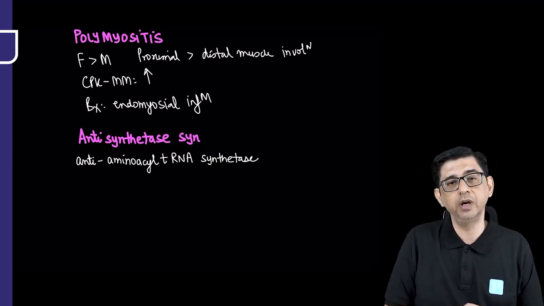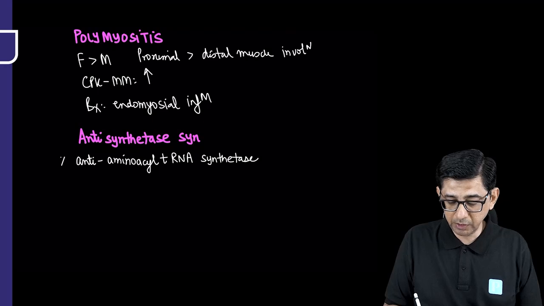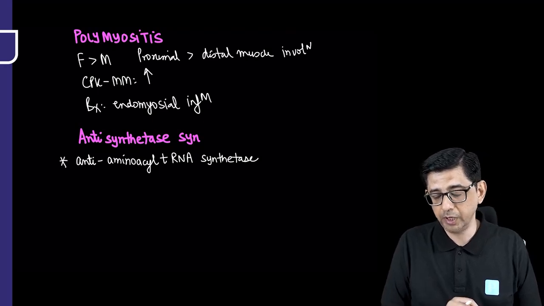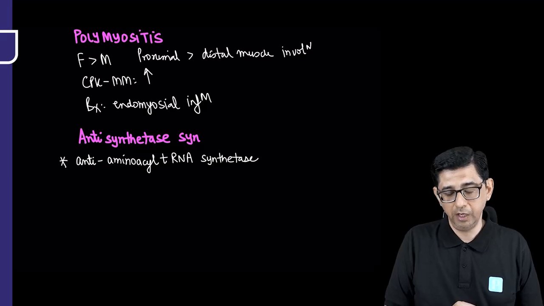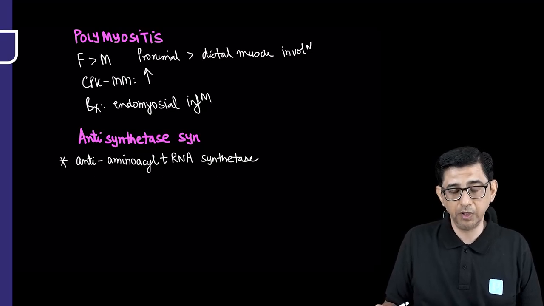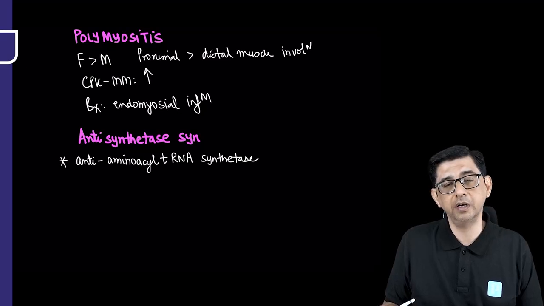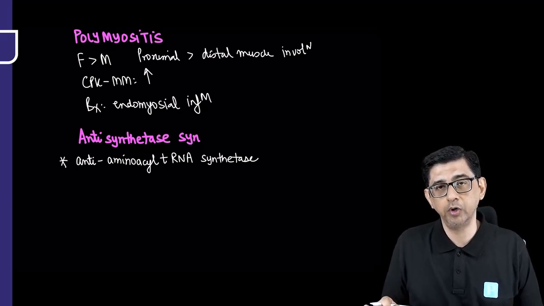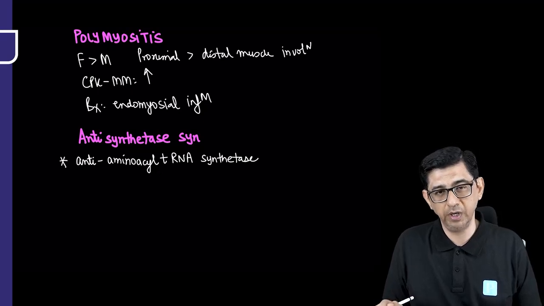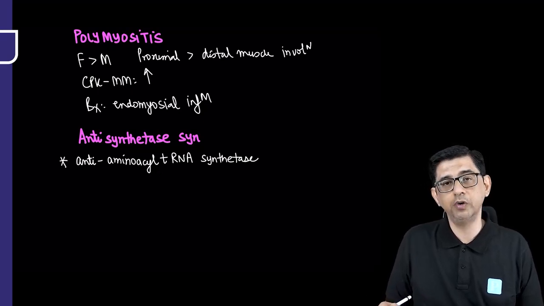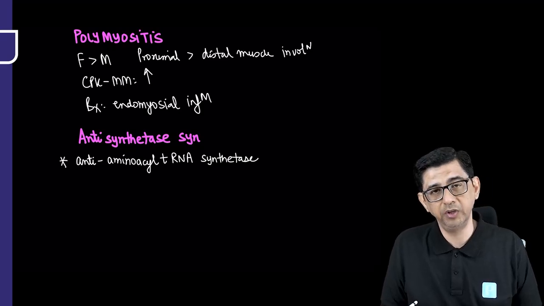That's a very good pickup point. And the antibody which is present in this condition would be called anti-aminoacyl tRNA synthetase. In fact, one of the classes of antibodies which is anti-aminoacyl tRNA synthetase is anti-Jo1 antibody, short and sweet, Jo-1. I'll write the name in a while, but anti-Jo1 antibody will be described for anti-synthetase syndrome.